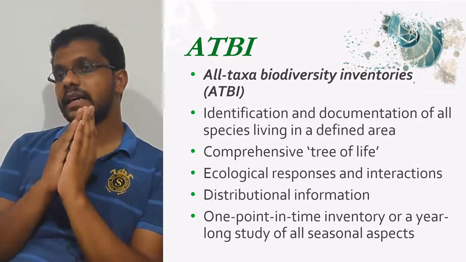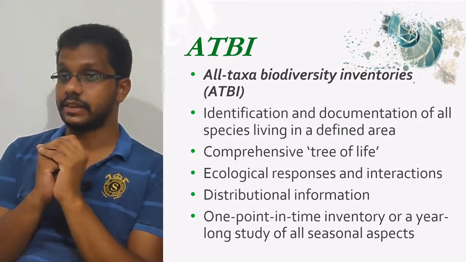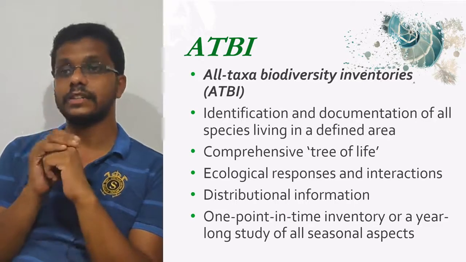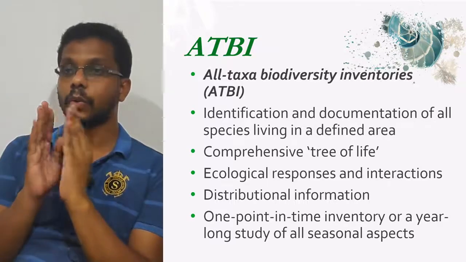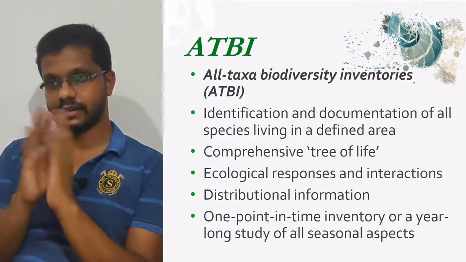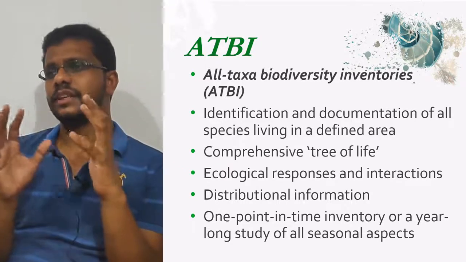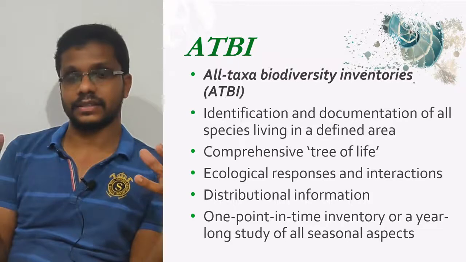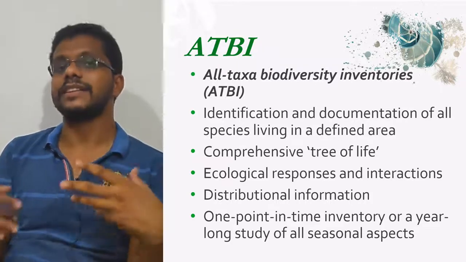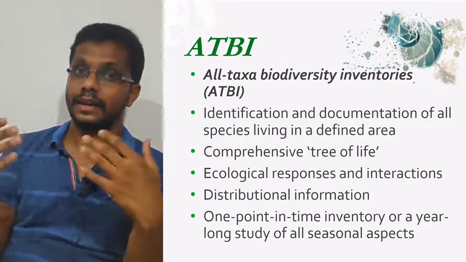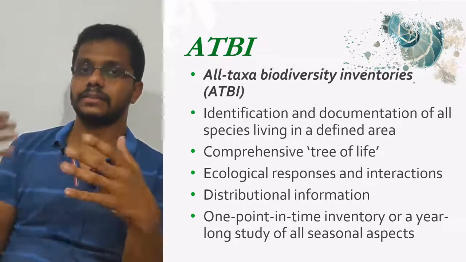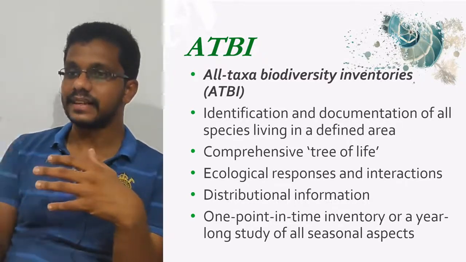So, in order to make species inventories, one of the best methods is ATBI, which is All Taxa Biodiversity Inventories. As the name implies, it is an inventory of all taxa, which means it includes organisms at all levels, like plants, animals, birds, insects, everything.